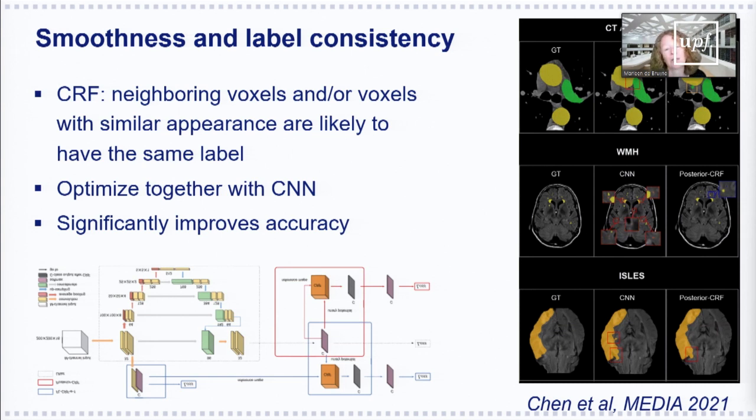It's segmenting the aorta and pulmonary artery in CT scans without contrast, white matter hyperintensity segmentation in brain MRI, and also brain MRI stroke lesion segmentation. So problems with quite different properties, and in all these cases, the combination of CRF and CNN worked better, especially in small training set sizes.